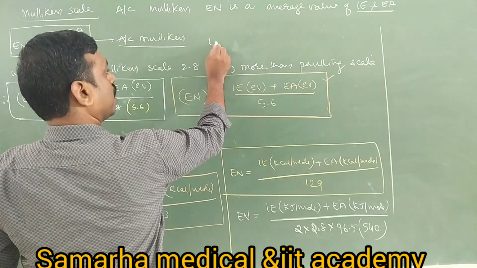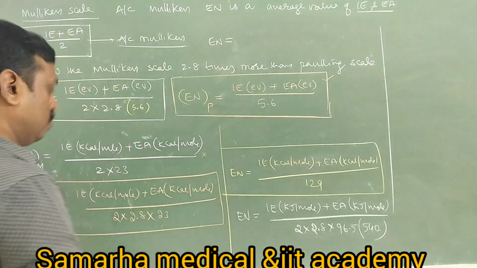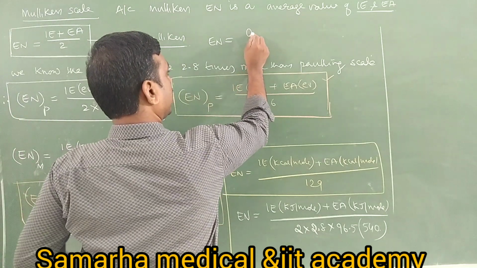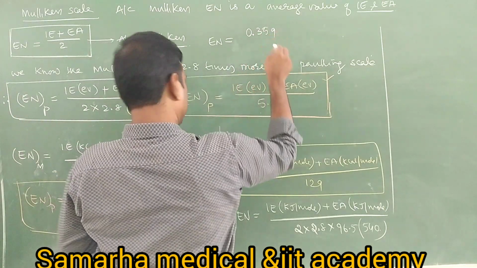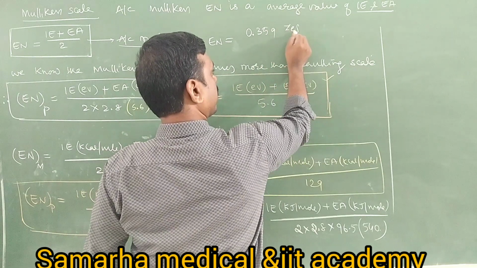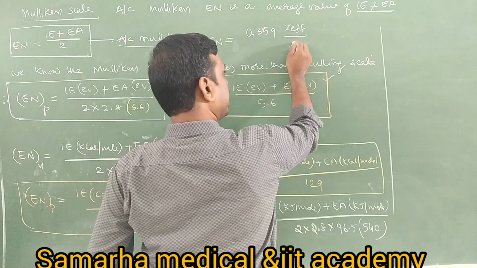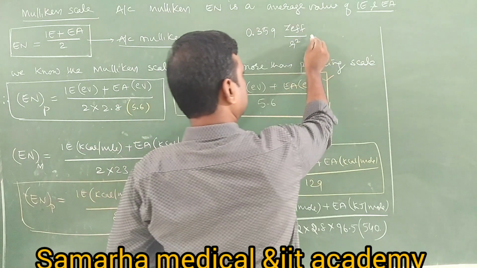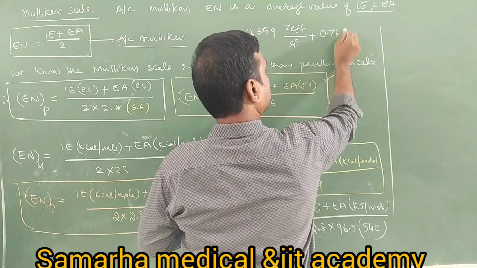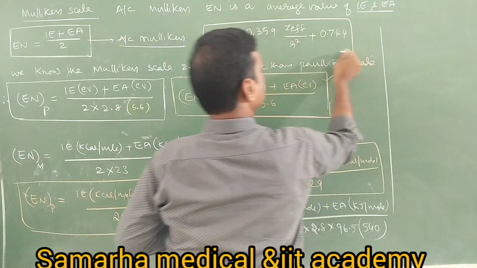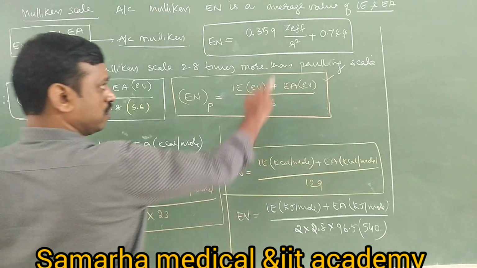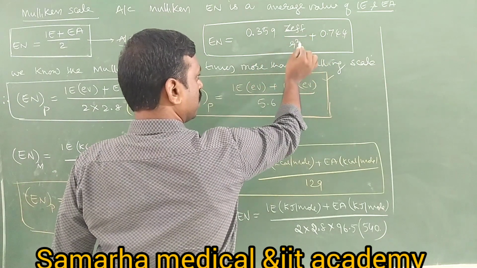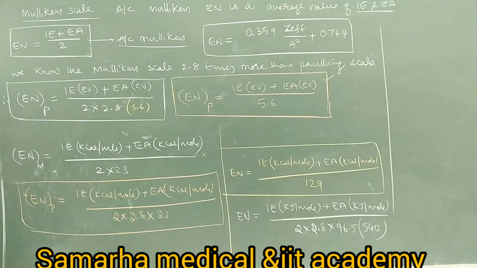Electronegativity is also equal to 0.359 into Z effective nuclear charge divided by radius square, r square, plus 0.744, where Z effective is the effective nuclear charge and r is the radius or atomic size of the given atom. So these are the different formulas to calculate electronegativity.